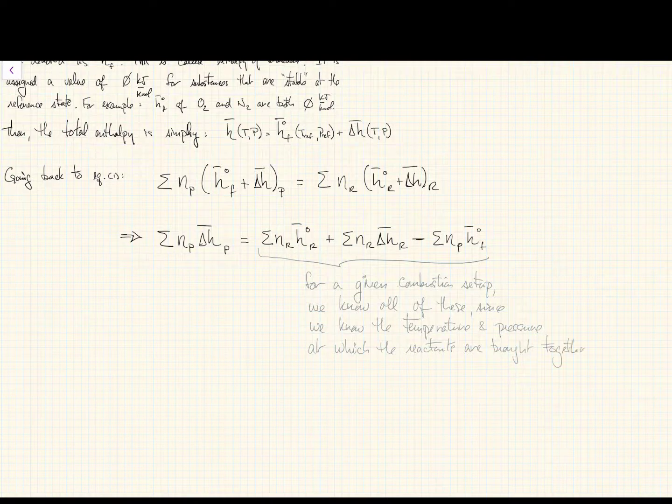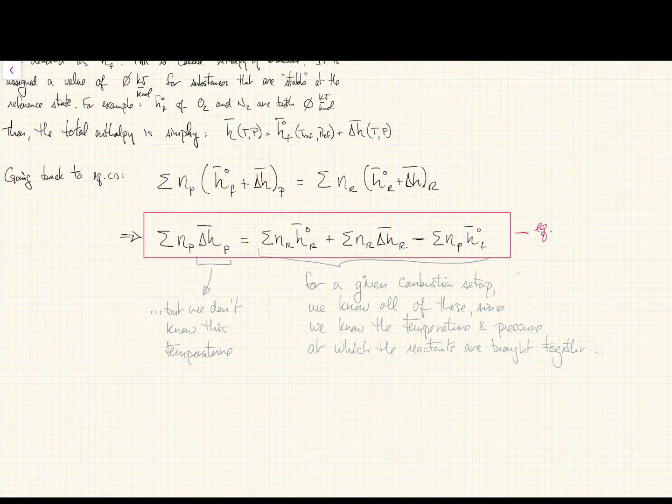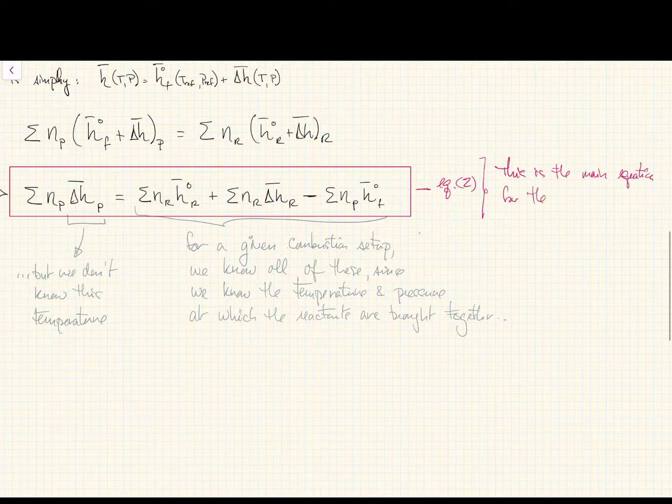The only thing that we don't know, on the left-hand side, is the temperature at which this change in enthalpy takes place. So we're going to isolate that and call this whole thing equation 2. That's going to be our main equation to figure out the adiabatic flame temperature. Let's call it T sub AD, for adiabatic.